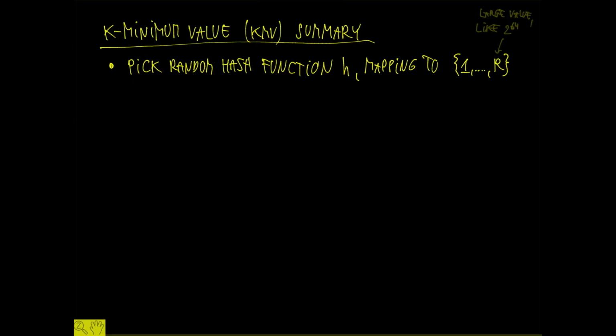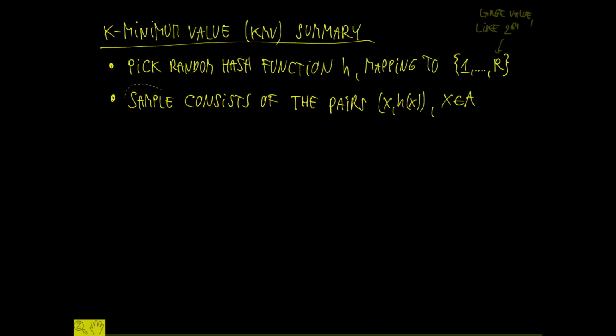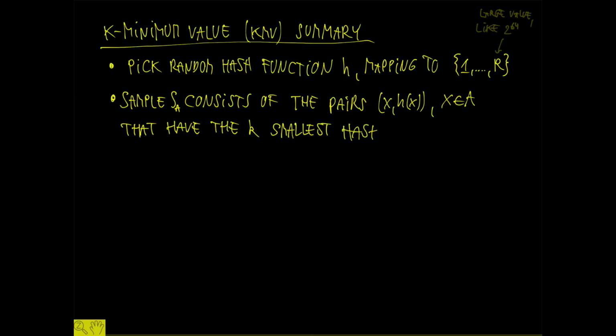So we could pick it to be 2 to the 64 or some other large value such that we have very few collisions. The sample now consists of pairs of elements x and corresponding hash values h of x that have small hash values. In particular, we store the k smallest hash values, where k is the space we have available.